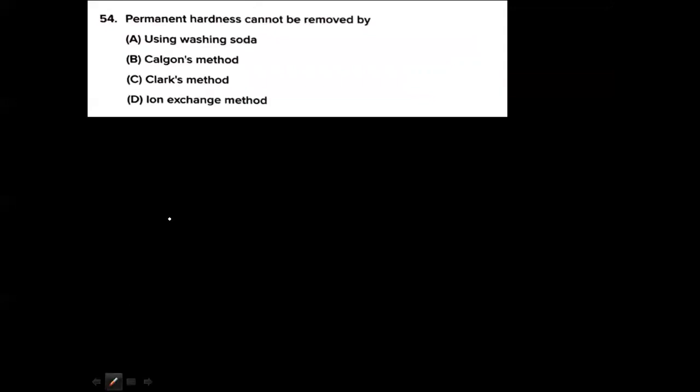Permanent hardness cannot be removed by... from the hydrogen chapter they have given this, which is option C, Clark's method. With Clark's method we can remove temporary hardness, not permanent hardness.